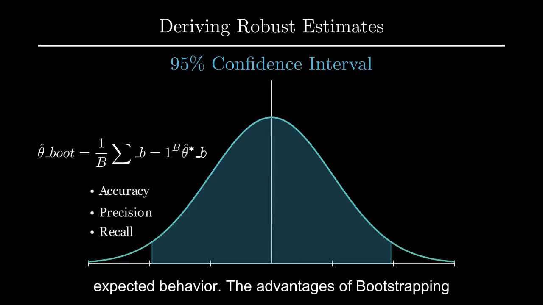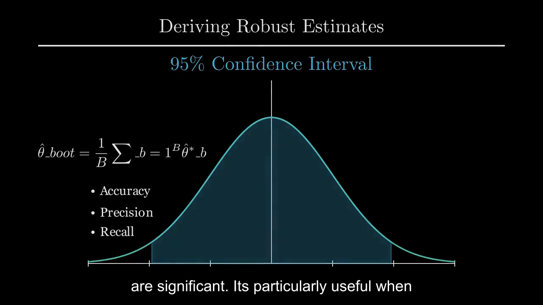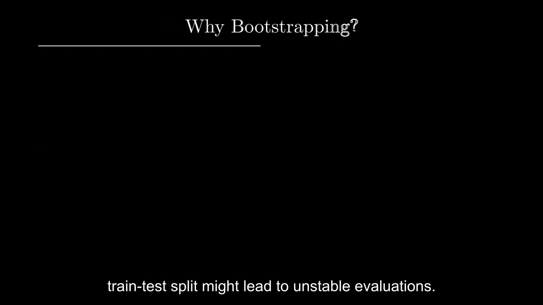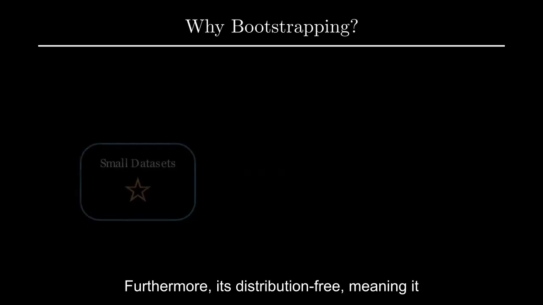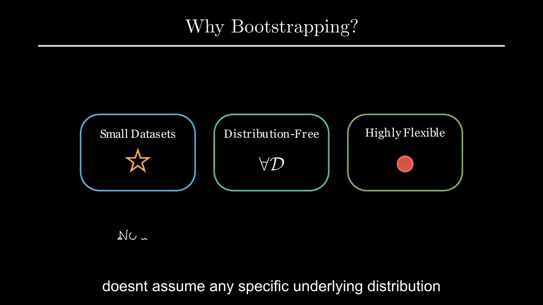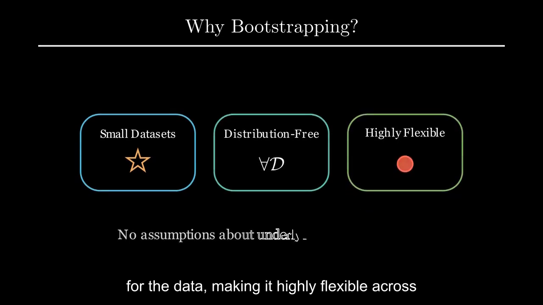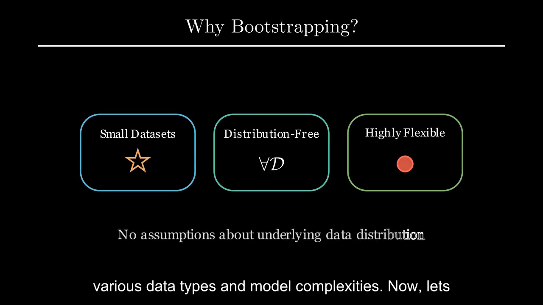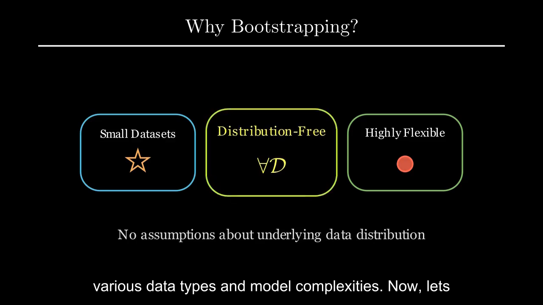The advantages of bootstrapping are significant. It's particularly useful when dealing with smaller datasets where a traditional train-test split might lead to unstable evaluations. Furthermore, it's distribution-free, meaning it doesn't assume any specific underlying distribution for the data, making it highly flexible across various data types and model complexities.